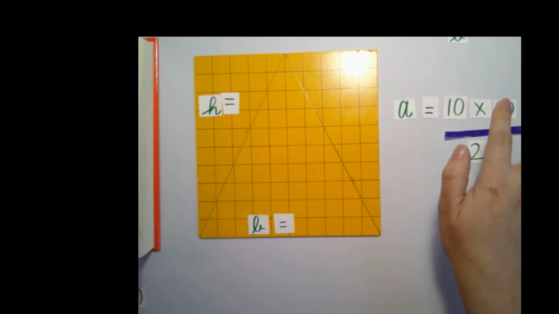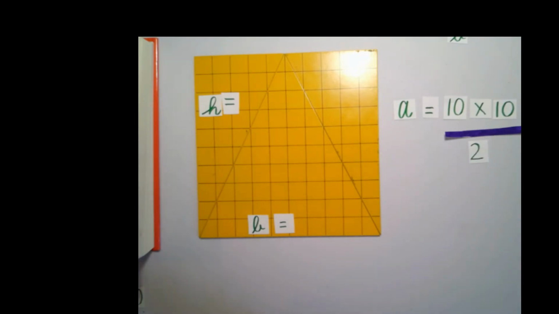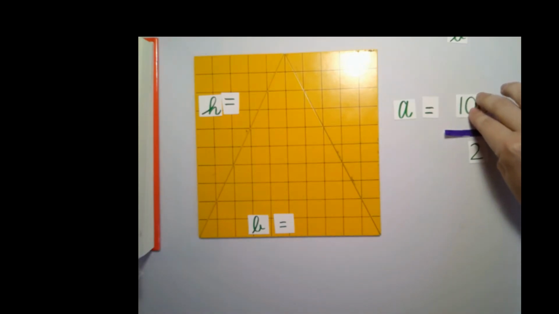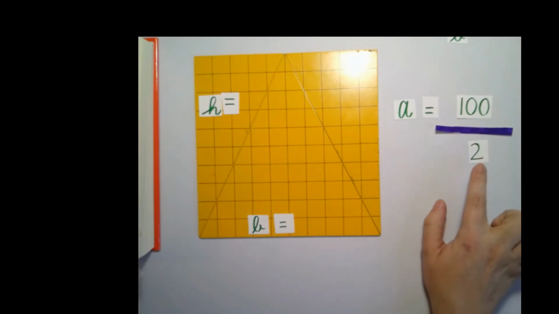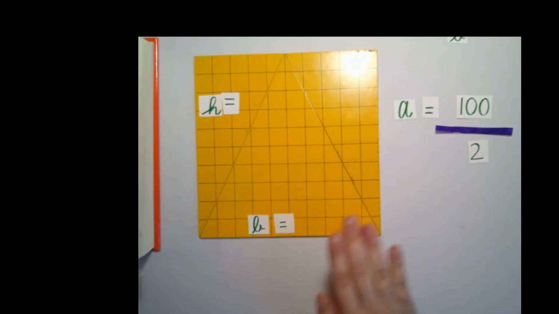Okay, so 10 times 10 is, I'll give you a second to answer, it's 100. So 10 times 10 is 100. And then we have 100 divided by 2. 100 divided in half.